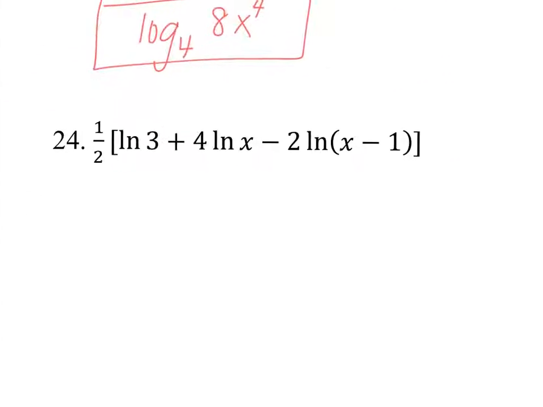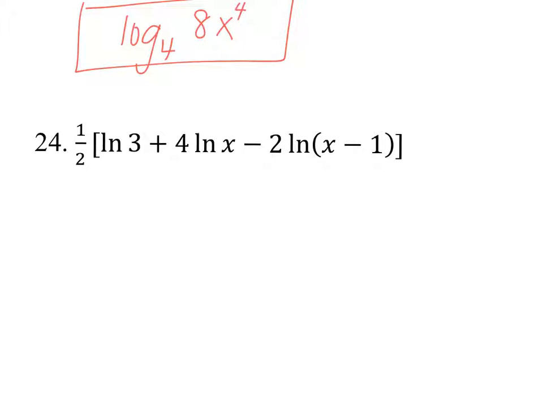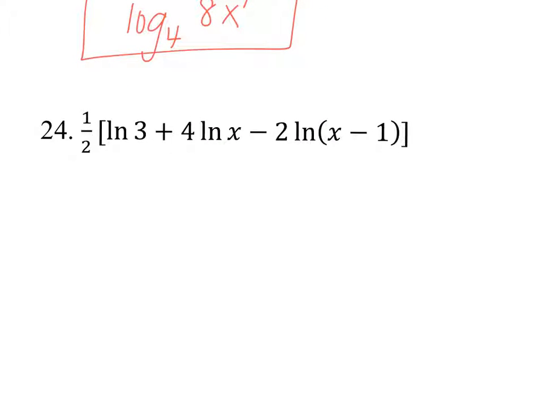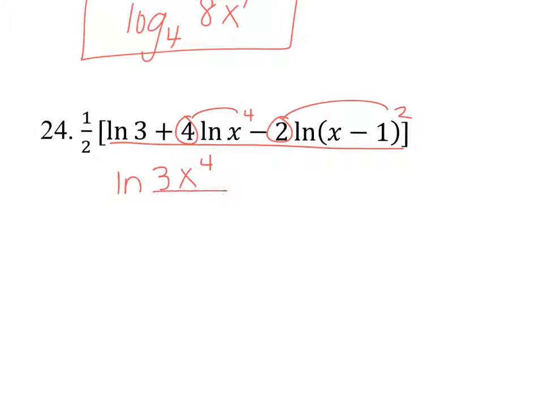If I look at 24, I'm going to clean up everything inside first and then deal with that half. So that's going to be x to the 4th, and that's going to be x minus 1 squared. So I have ln of 3 times x to the 4th divided by x minus 1 squared.